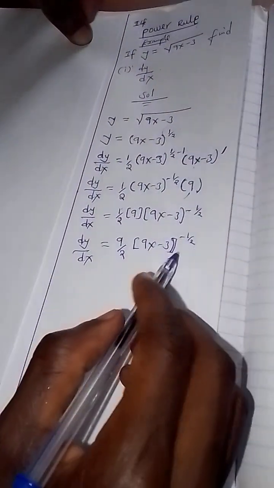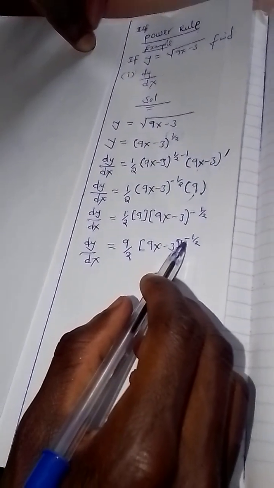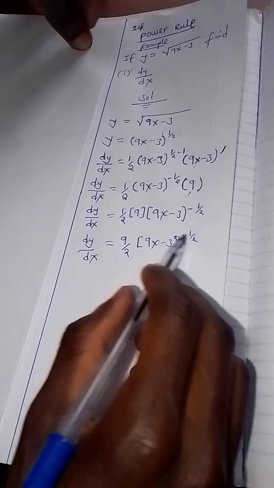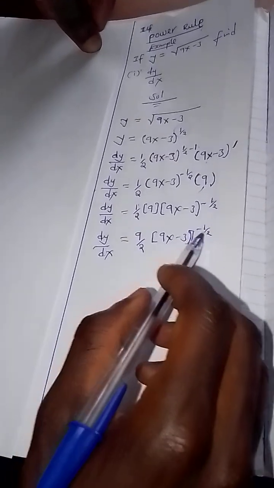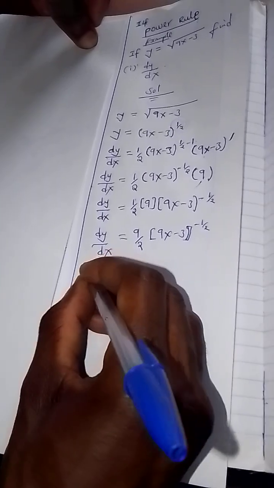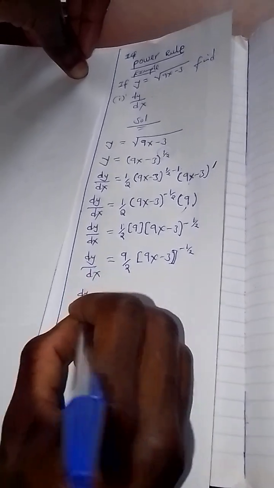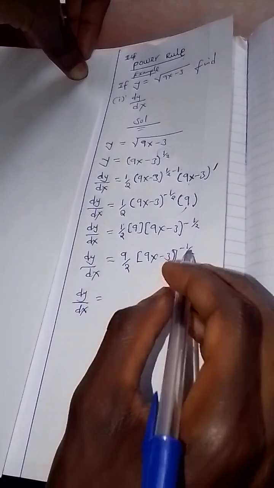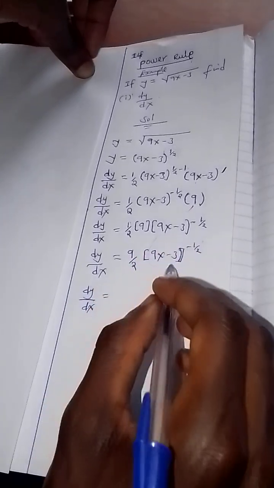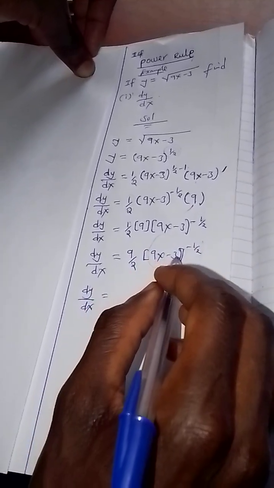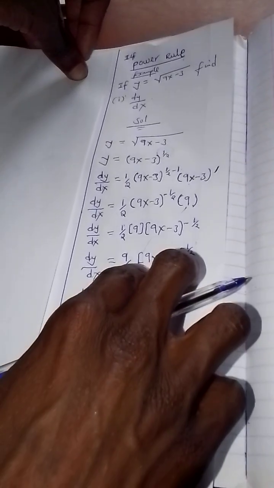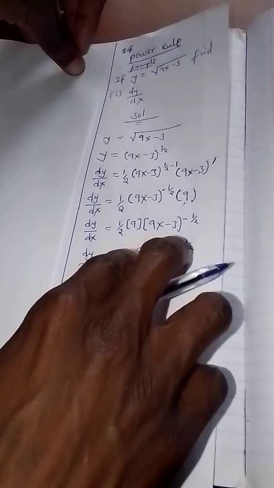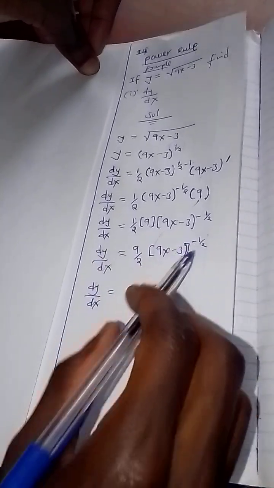Now here we can see that the power is in negative form. So what should we do to get rid of a negative power? To get rid of a negative power, we take this expression 9x minus 3 down. When we take it down, it becomes the denominator, meaning the power becomes positive.